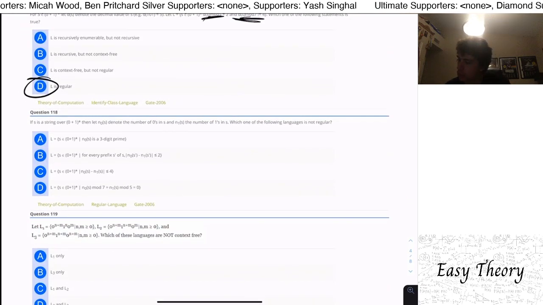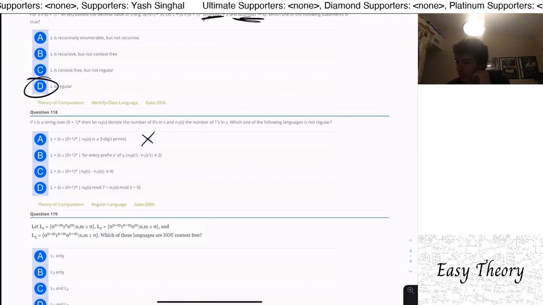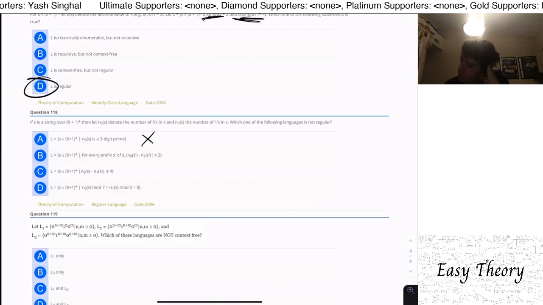Let the number of zeros in S, number of ones in S, which is... A is regular, I'm pretty sure, so that's not the answer because 3-digit primes, there's only a finite number of them, so it's a finite language. The number of zeros and ones differs by at most 2 for every prefix.